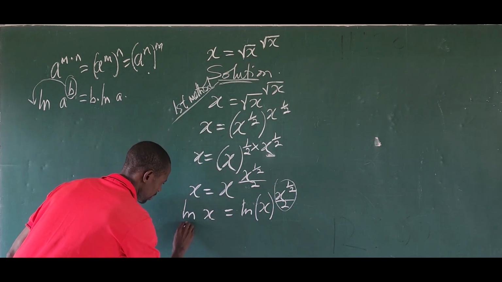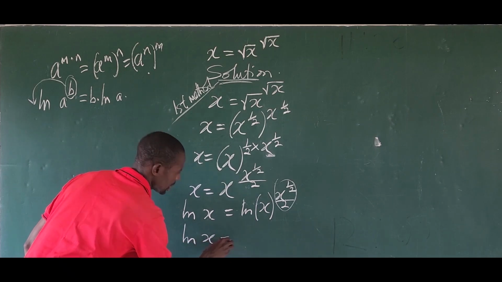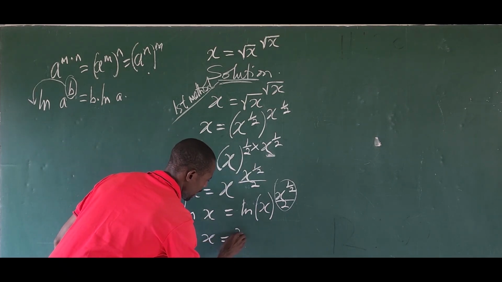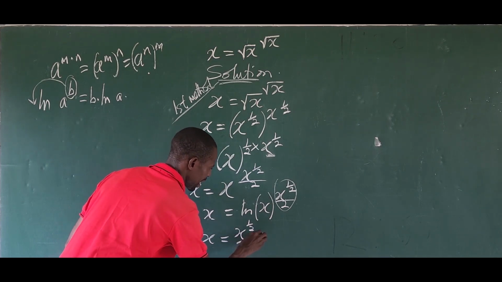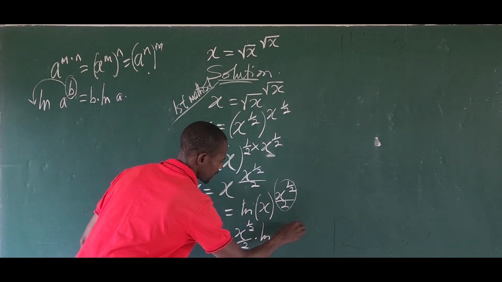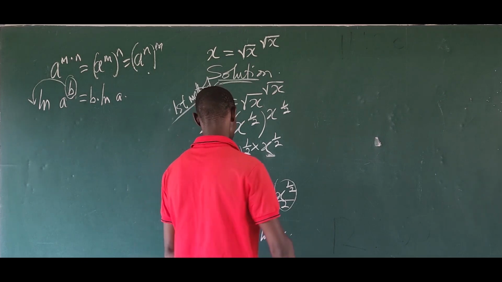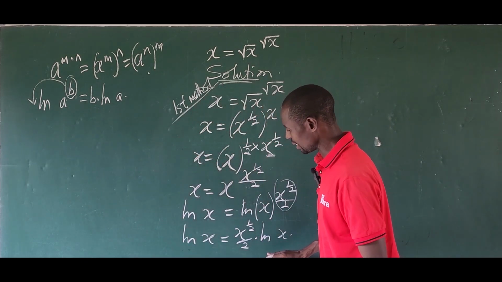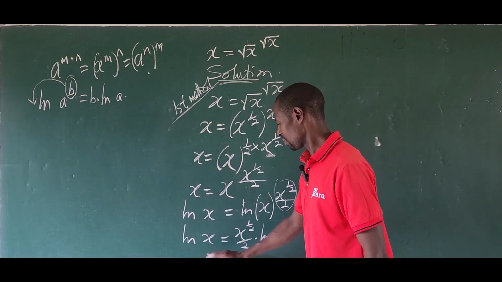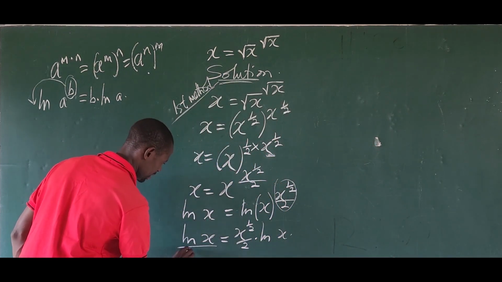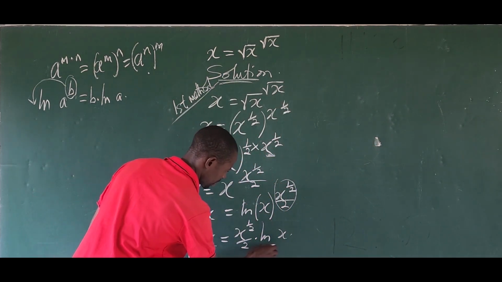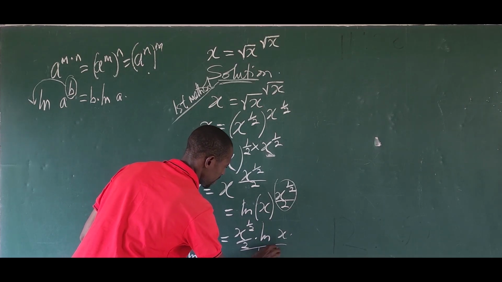This is going to give us ln of x is equal to x to the power of 1 all over 2 then times the ln of x. All right. Now we can divide through by ln of x because here we have ln of x, we have ln of x. So let's divide through by ln of x, equally dividing everything here by ln of x.